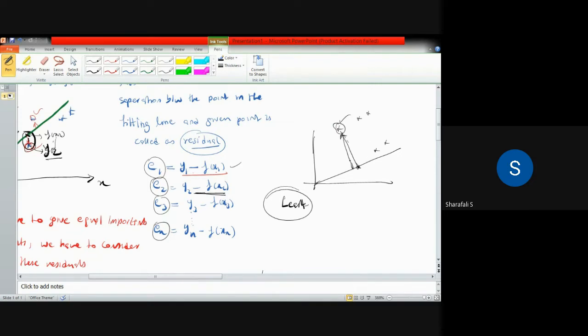So when you consider the line, the separation between the point on this line and this y value has to be minimum, and that has to be validated for all the points. For any point you consider, the square of that separation value has to be minimum.